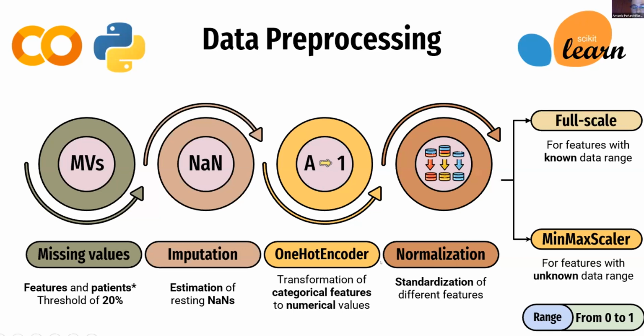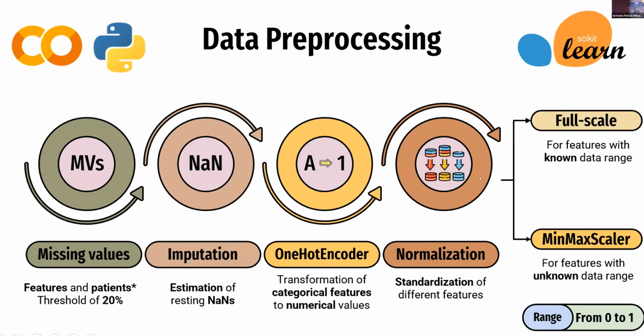We have to transform some features, for instance, categorical features, to numerical values. And after that, the most crucial step is to normalize the data, because we need to standardize all the features to make them have the same weight when performing a model.